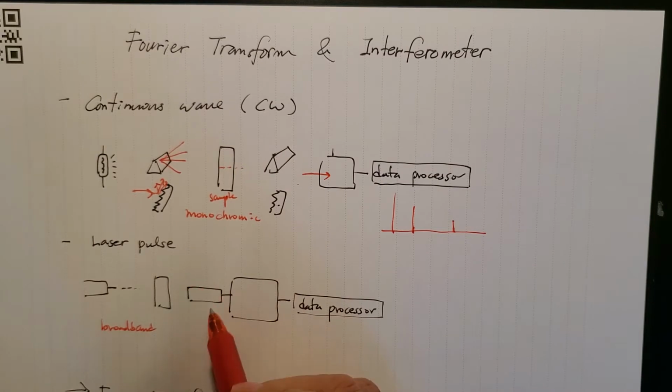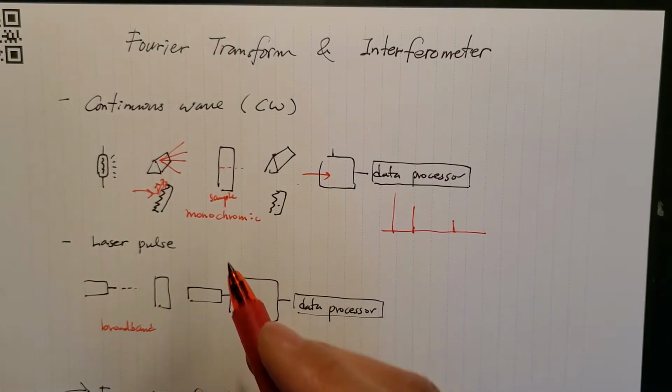And then using the interferometer, you can deconvolute. You basically figure out what wavelength of the light is present, and what intensity of each frequency is present. Then we can plot them out.